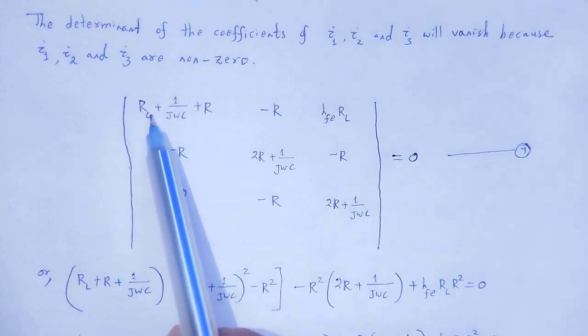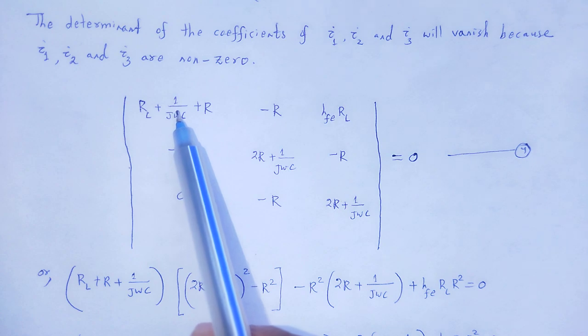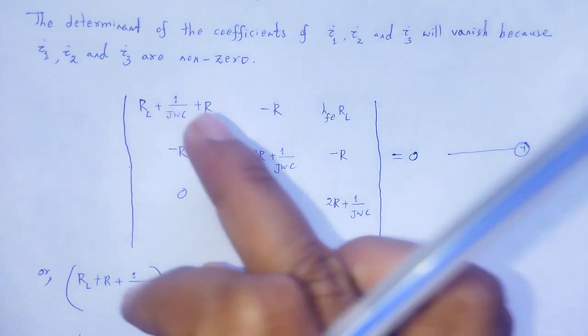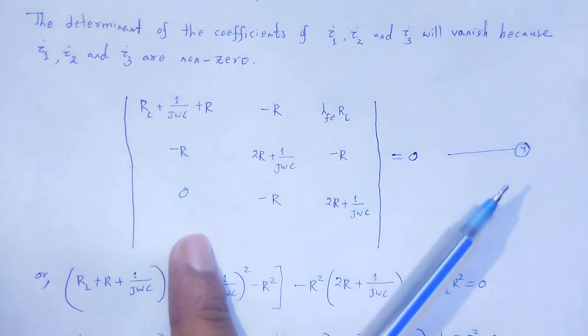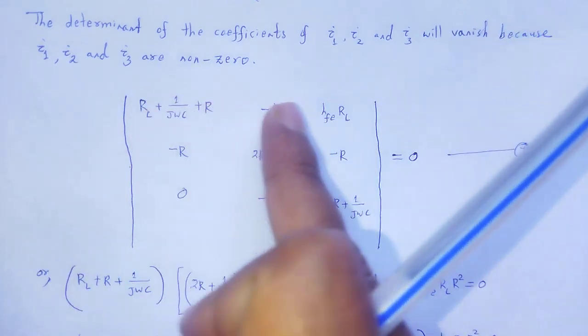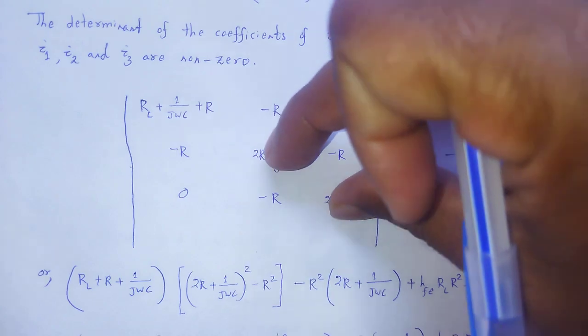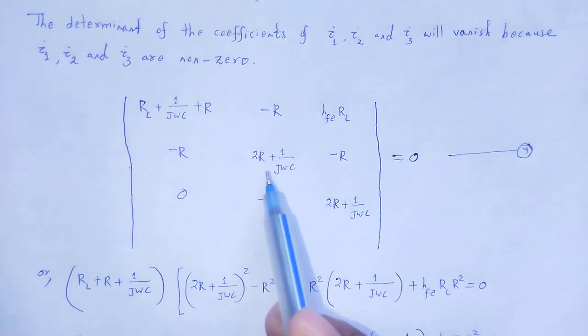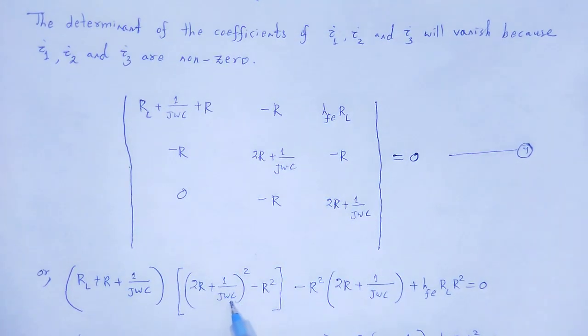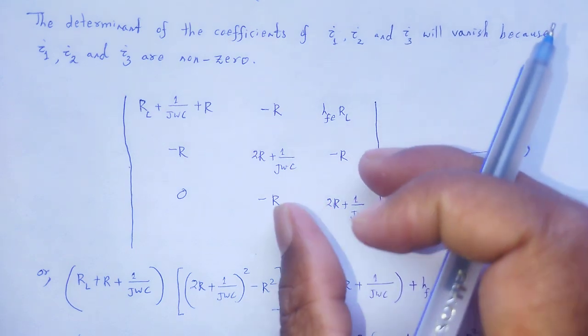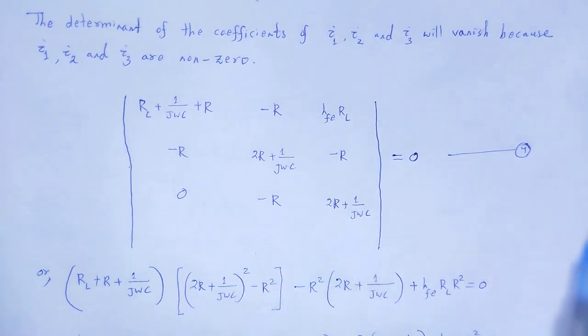First, RL plus R plus 1 by j omega c in the first row and first column. Inside that bracket, these two are multiplied and then subtracted: 2R plus 1 by j omega c whole square minus R square.